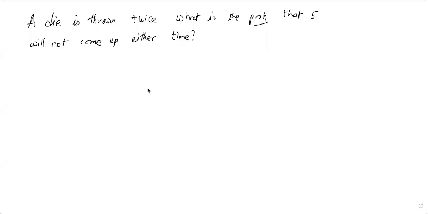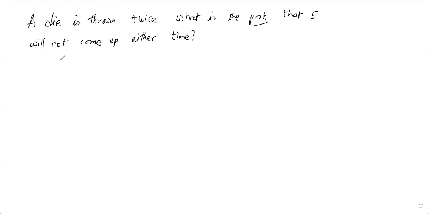Now let us look at this. A die is thrown twice. What is the probability that 5 will not come up either time? So let us see the outcomes here.